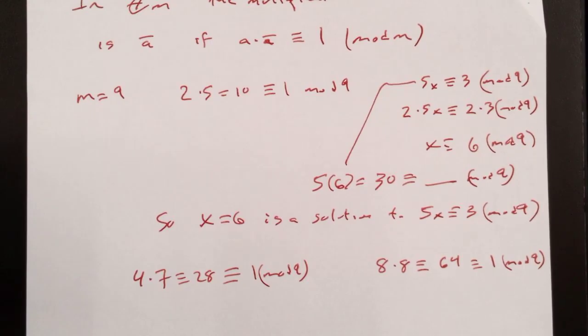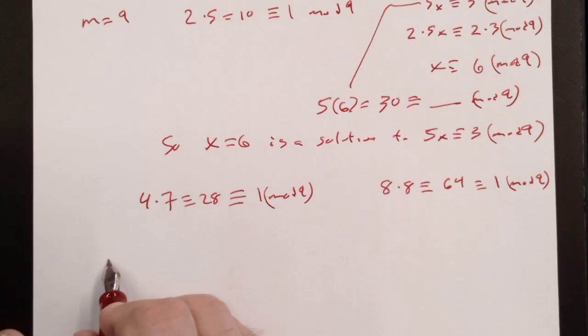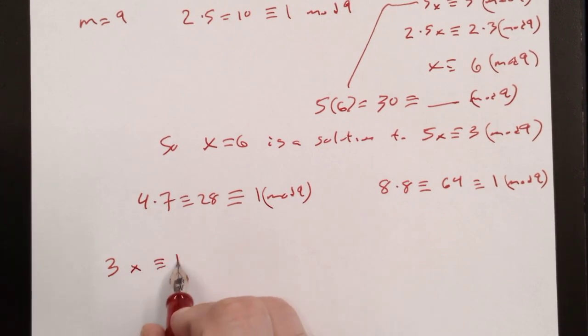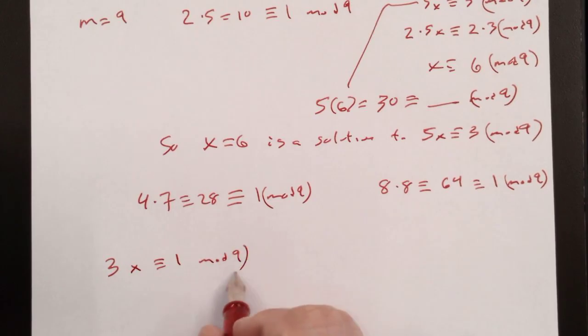However, if I am working in the universe mod 9, the only numbers I'm allowed to use are the numbers from 0 to 8, right? 3 times 0 is 0. 3 times 1 is 3. 3 times 2 is 6.